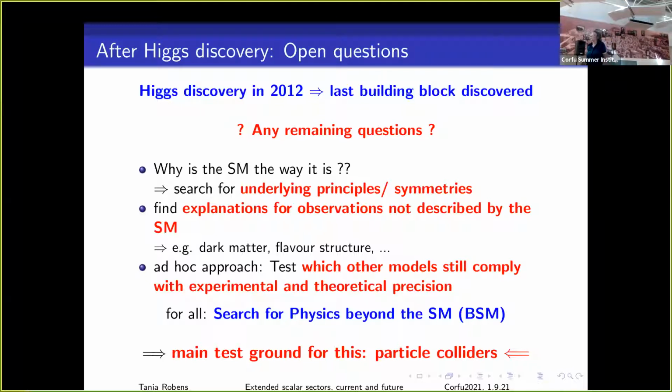So search for underlying principles or symmetries, or find explanations for observations which are not described by the standard model. A prime example is dark matter, or one can try to explain the flavor structure. Or you can take an ad hoc approach and say I want to test which other models will comply with current experimental and theoretical precision and constraints.